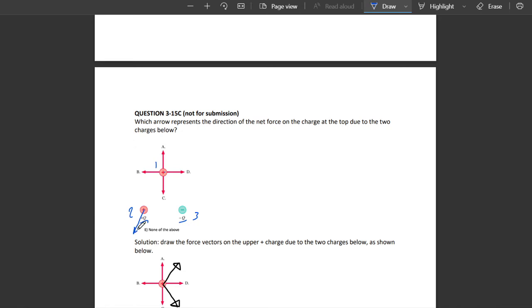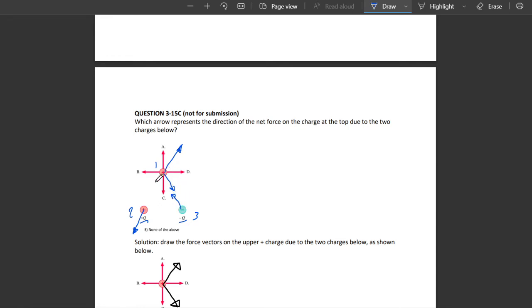So particle 2 would be repelled away from particle 1, and particle 1 would be repelled away from particle 2. Likewise, particle 3 and particle 1 are opposite charges, not like charges. And since these are opposite charges, they are attracted toward one another.